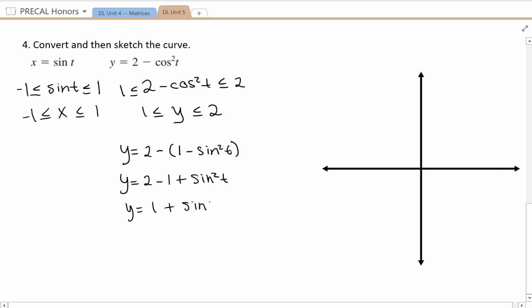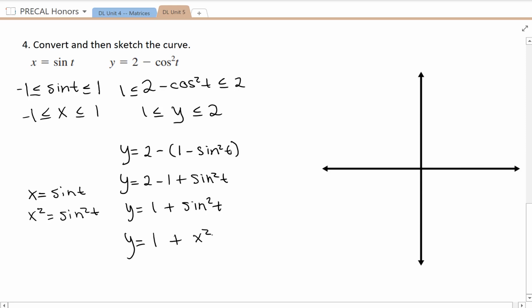All right, y is equal to 1 plus sine squared t. x is equal to sine t, which means x squared is equal to sine squared t. So our rectangular equation is y equals 1 plus x squared.